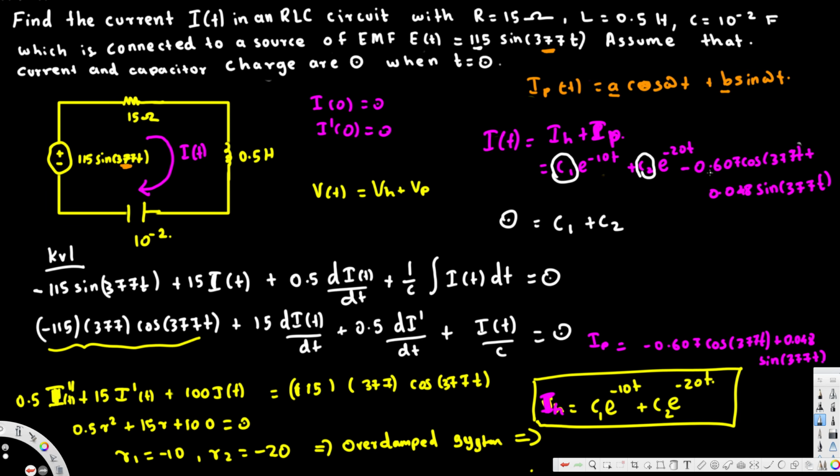Then we have negative 0.607 cos 377t, and t becomes 0, so this is cos 0. Cos 0 is 1, so negative 0.607 remains. But here we have sine 0. Sine 0 is equal to 0, so this one will be eliminated.